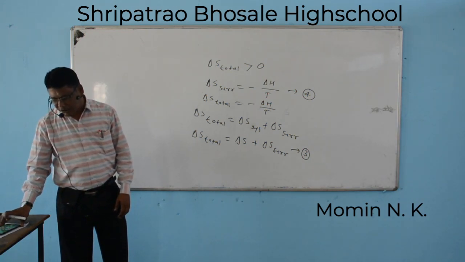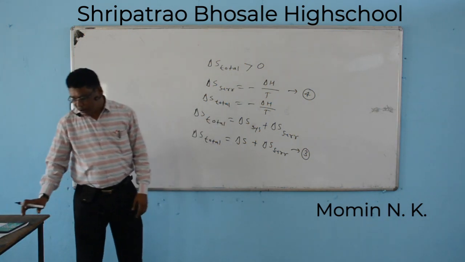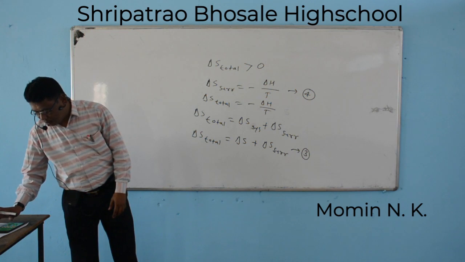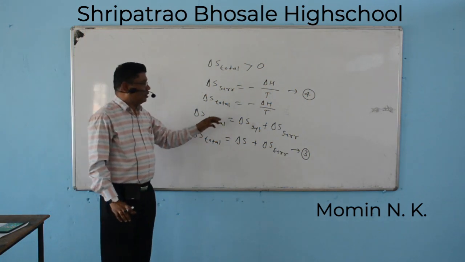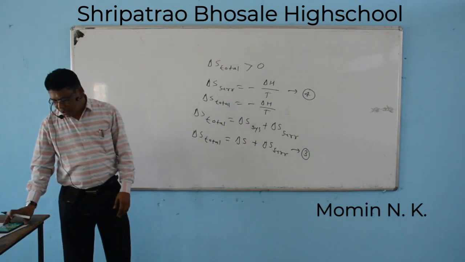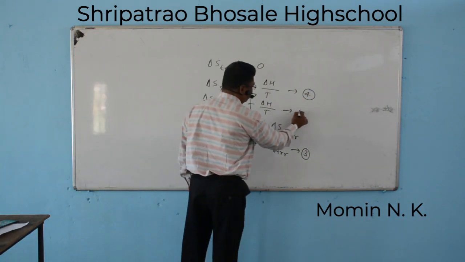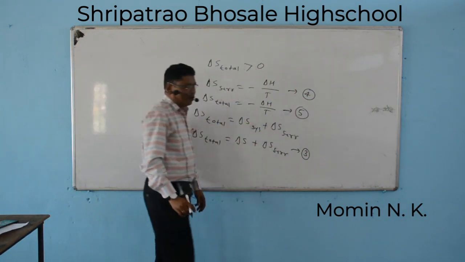It indicates that the change in enthalpy of the surrounding is minus delta H. Call this equation number 5.